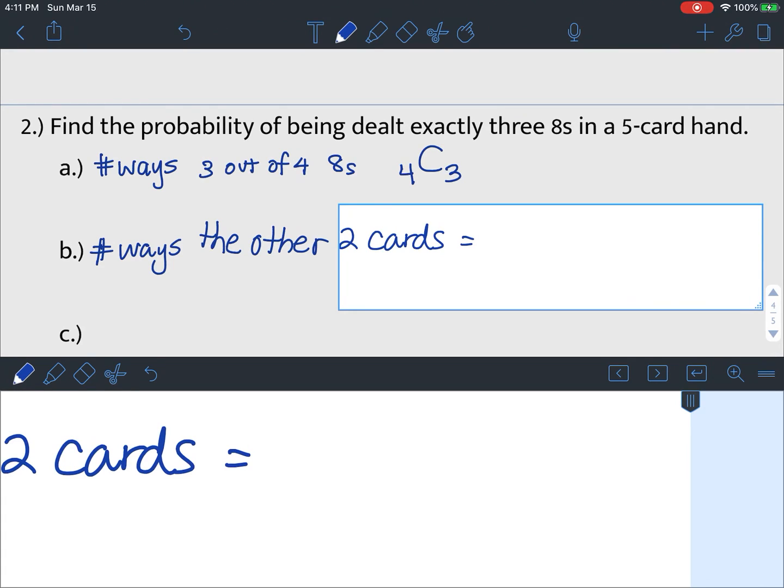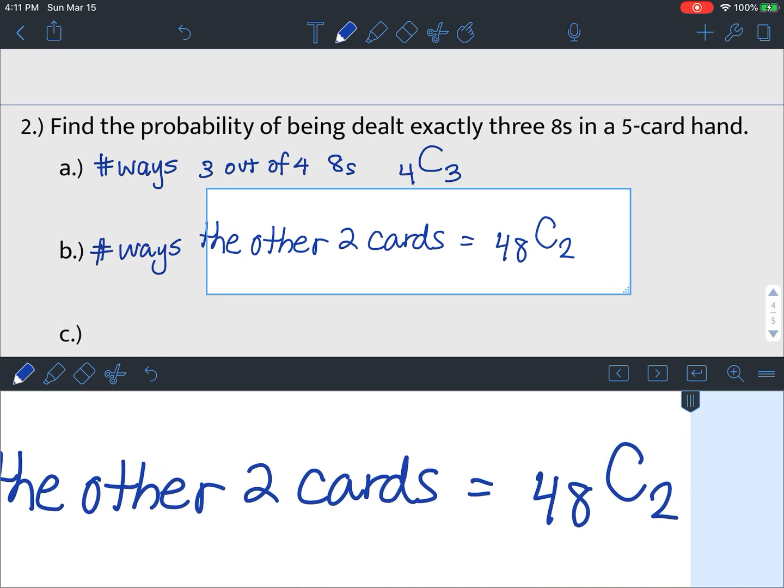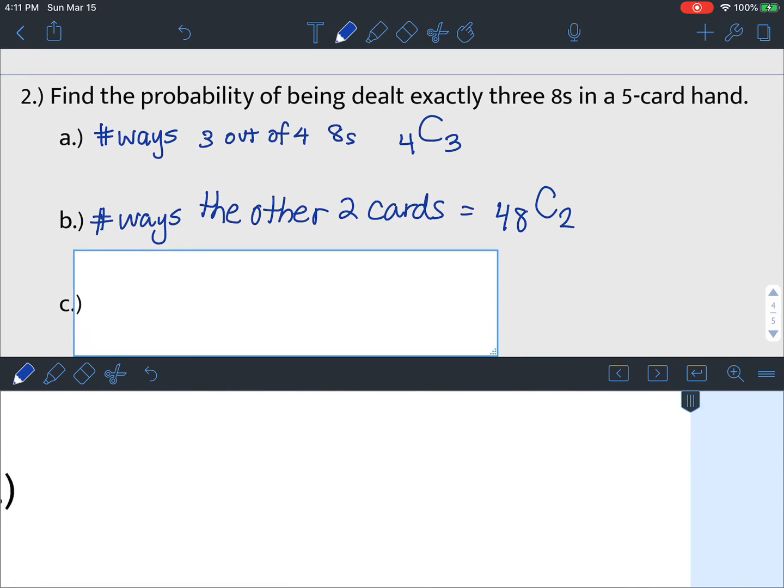We need the two other cards because we're getting 3 8s in step A, right? So how many cards are there left that are not 8s? Well, just like in the previous problem, 48. So that's going to be 48C2, because I only need to get 2 more cards. Because I'm getting 3 up here and 2 down here.